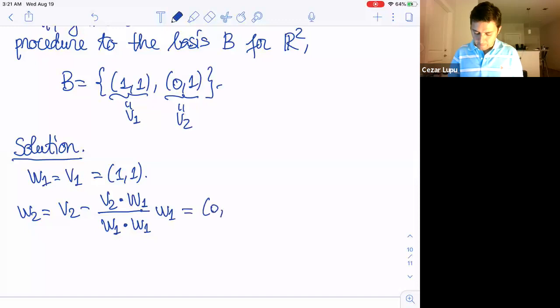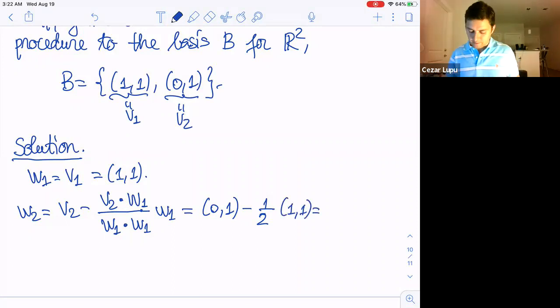This is 0, 1, minus the dot product between V2 and W1, which is 1, over W1 squared, which is nothing else than just 2, times W1, which is 1, 1.